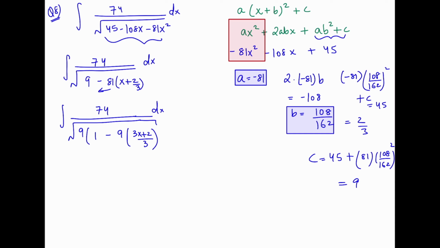So now my job is to kind of cancel this. With this, we have a 3 there, and bring that in. Oopsie, no. Can't do that, just write that. So you have 9 here, and 9 here, and a square there, right? A 3 with a square. So this 9 pops out of this thing. So you have 74 divided by 3, with a dx up top. Square root of, in this case, you will see it's 1.